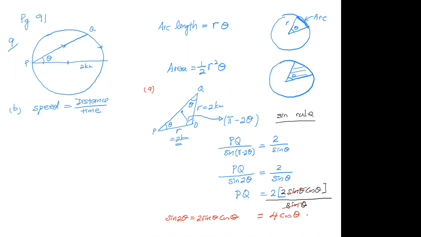Okay, so time will be distance divided by speed. So T is the total time. Time from P to Q plus time from Q to R.